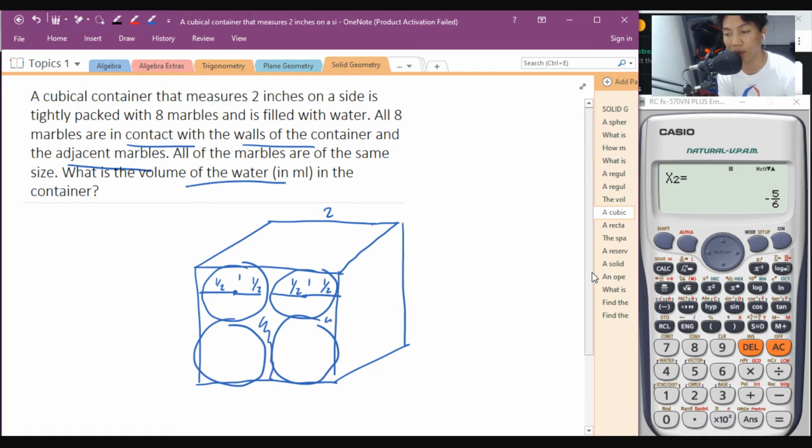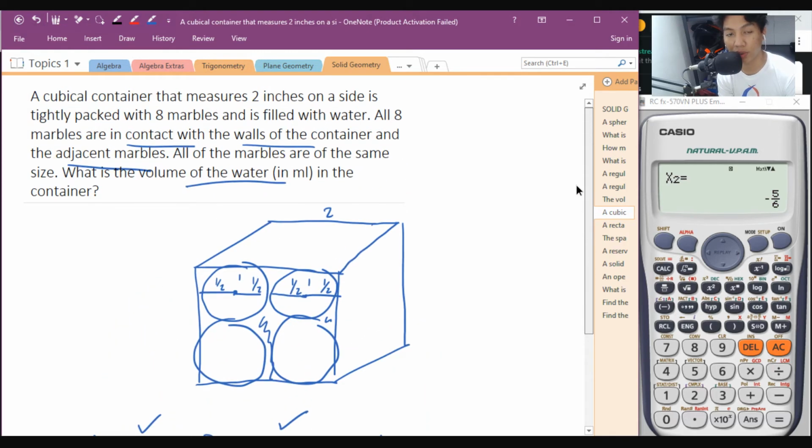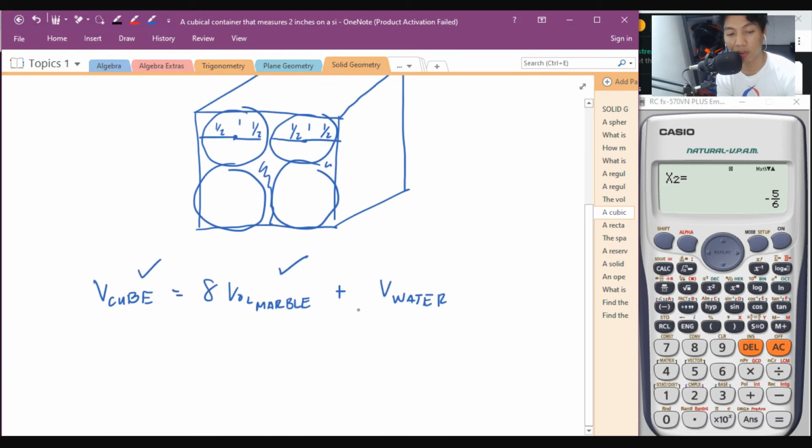How do you find its volume? The volume of the cube is your total. It's equal to the volume of the 8 marbles plus the volume of the water. What can we solve here? The volume of the marbles and the volume of the cube. We have the volume of the cube.